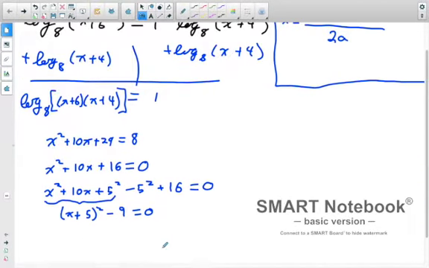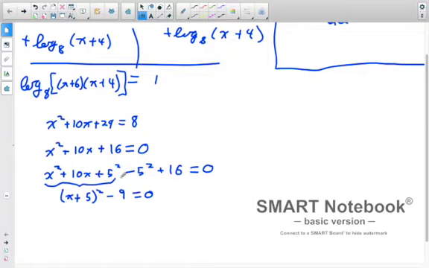So then, at this point, we would add 9 to both sides of our equation, ending up with x plus 5 squared is 9.